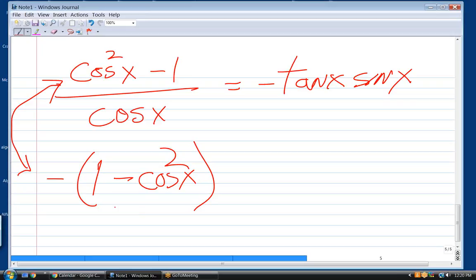Okay, now what can I replace this with? 1 minus cosine squared x. 1 minus cosine squared x is equal to what? Sine squared x. Correct. So I'm going to replace that with sine squared x.